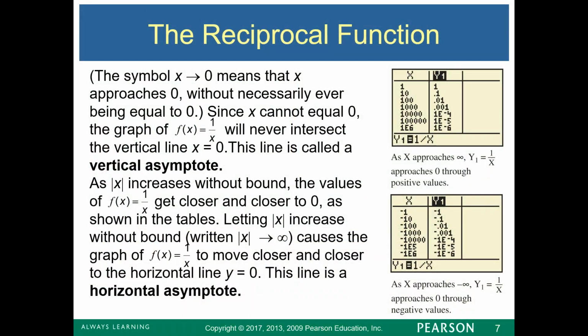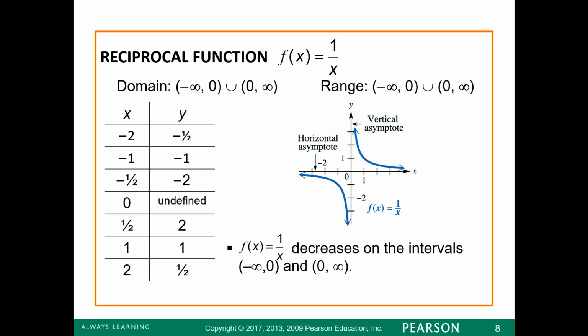Okay. So now, the graph of the function f(x) equal to 1 over x never intersects the y-axis, and it never intersects the x-axis. You can see the graph, right?